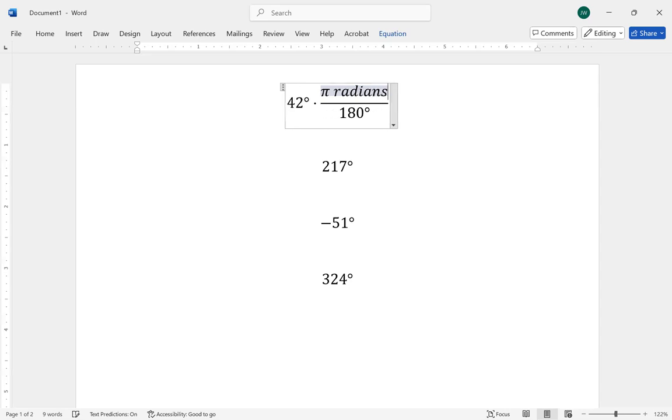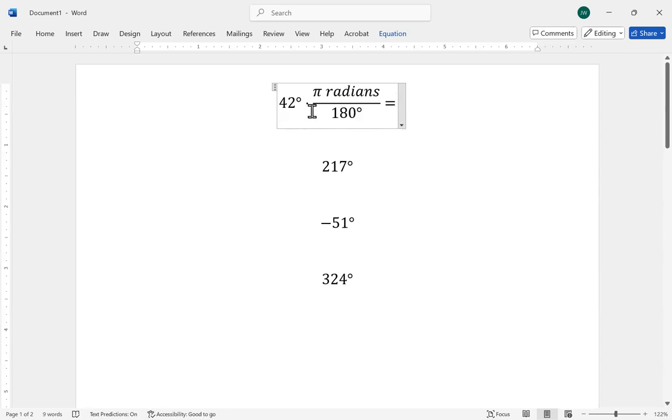Again, you can utilize 2 pi over 360 as well, but most of the time people use pi radians over 180 degrees. Since pi radians and 180 degrees are the same, we're multiplying by a fraction of size 1. But also, because we have degrees here and degrees here, one in a numerator, one in a denominator, those labels will cancel each other out, and whatever I get out will be in radians.